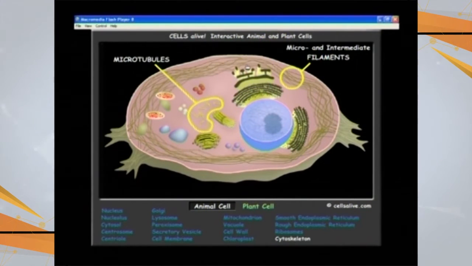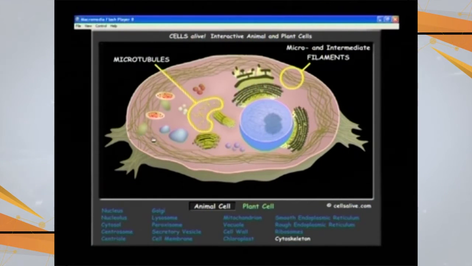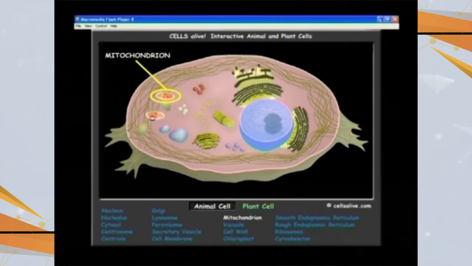These are the microtubules and intermediate filaments. This is the centrosome and centriole. This is the Golgi apparatus. These are the vesicles, and these are some of the vacuoles. And this is the mitochondria. So these are some of the organelles present inside an animal cell.